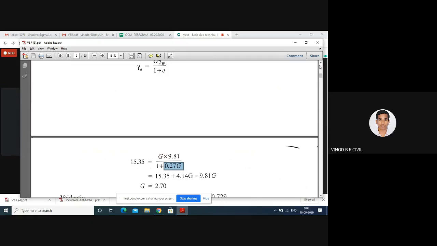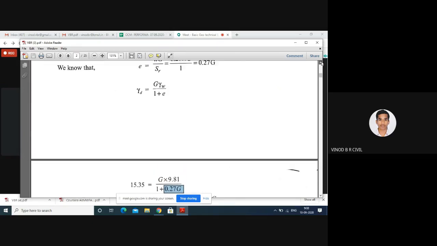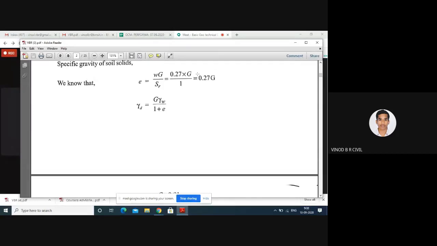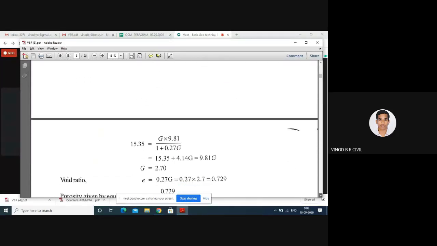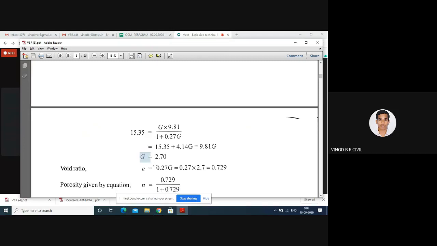Replacing e with 0.27 G, therefore G is equal to 2.7. And e is equal to 0.27 into 2.7, therefore e equals 0.729.